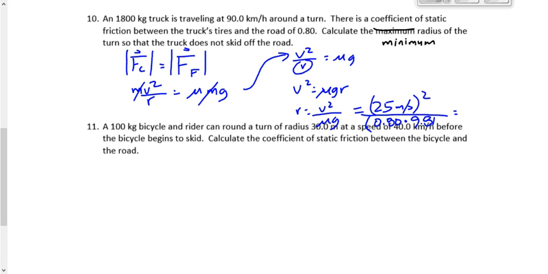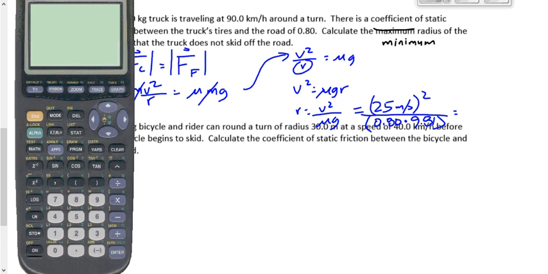We should put brackets around everything on the bottom there, right? 25 squared divided by bracket 0.8 times 9.81. That is not right. What have I done wrong there? No, that could be right. Yeah, that could be right. 79.6 or 80 meters.